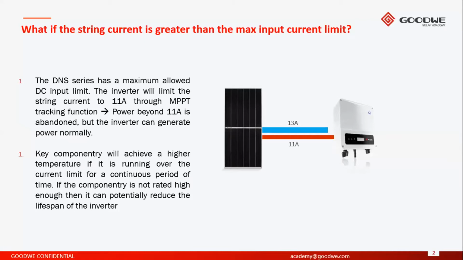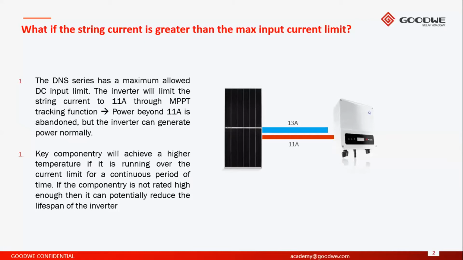So what actually happens is that you will lose generation. When we're talking about clipping, it's loss of generation. You'll lose the difference between the 13 amps and the 11 amps, so the power beyond the 11 amps is actually abandoned.